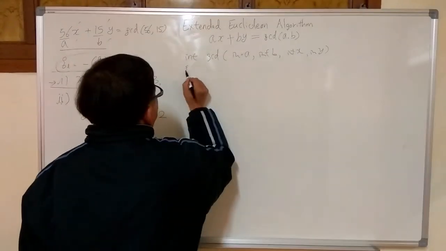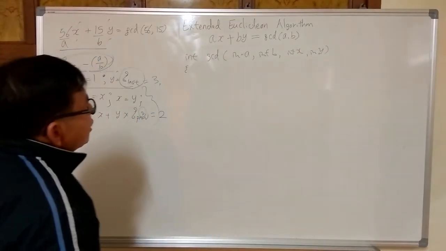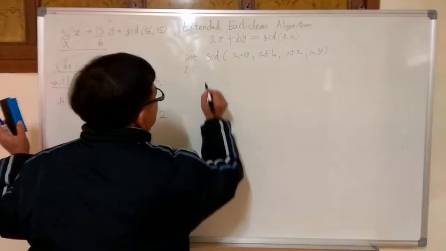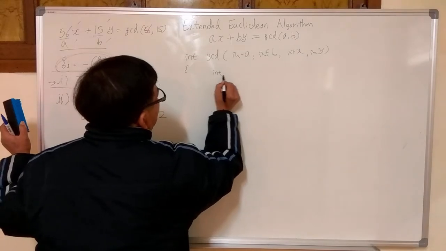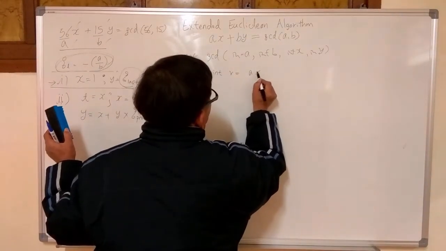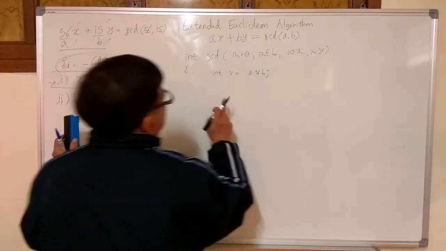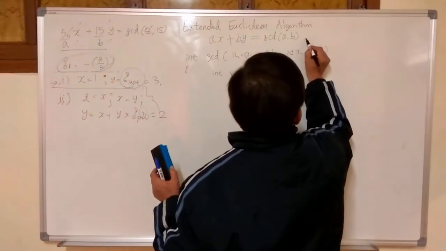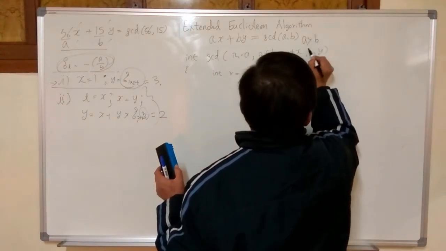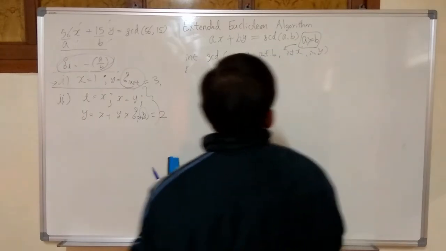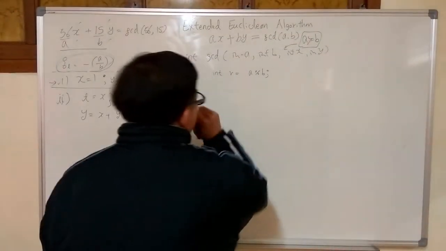Here, first we calculate r: int r equals a modulo b. Please note the precondition: a should be greater than or equal to b. This is the precondition. We will not do swapping.